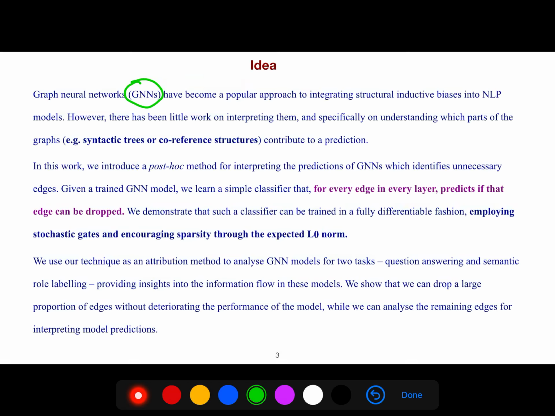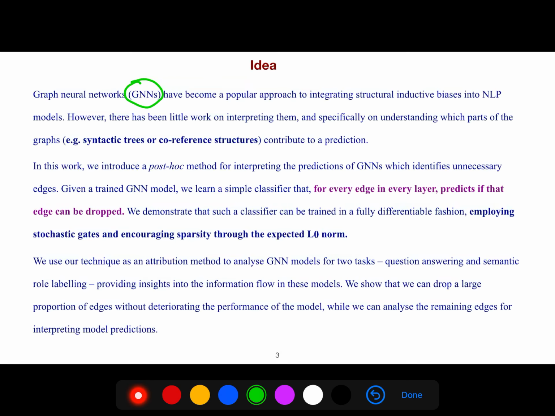However, there has been little work on interpreting them, and specifically on understanding which parts of the graphs contribute to a prediction. In this work, we introduce a post hoc method for interpreting the predictions of GNNs, which identifies unnecessary edges. Given a trained GNN model, we learn a simple classifier that for every edge in every layer predicts if that edge can be dropped.